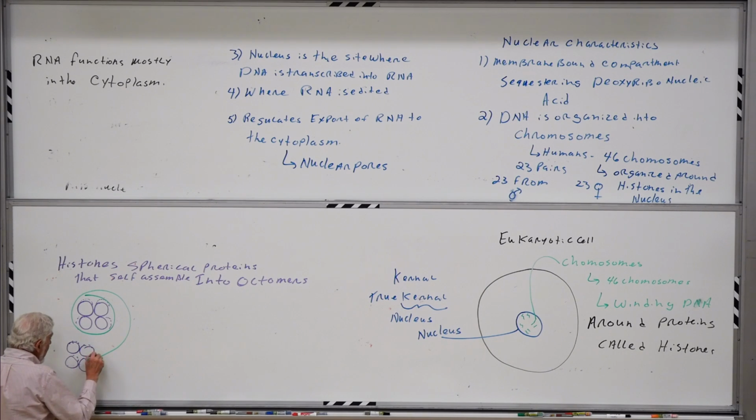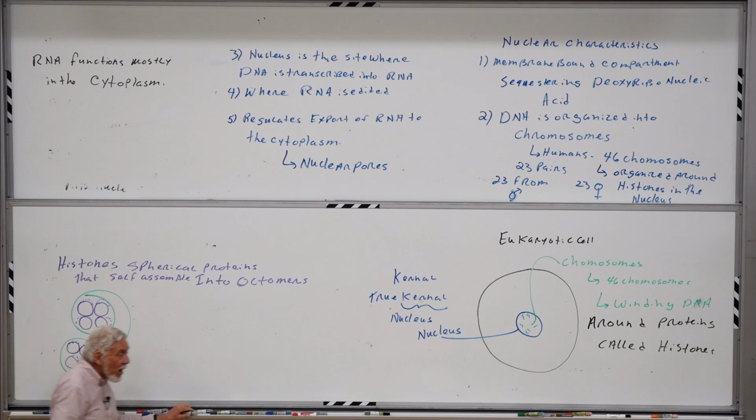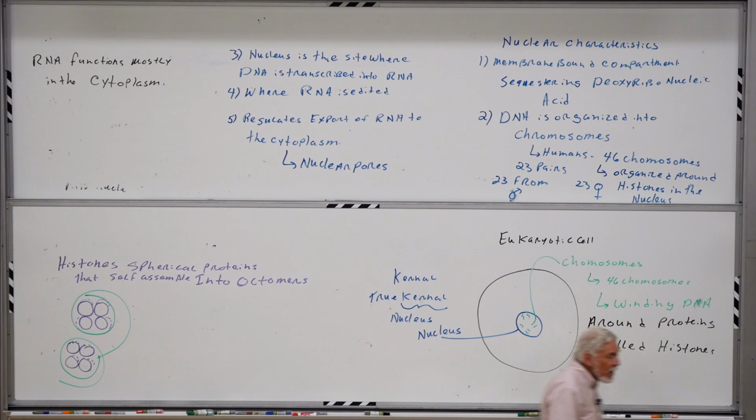So again, the DNA strand wraps around it. It's not too much of a stretch to think about these histone octamers as being a kind of spool. And imagine the DNA is a thread, and you're wrapping that thread around this spool of the histone proteins. But you can wrap these, and they'll condense into a condensed chromosome, and that's shown here.